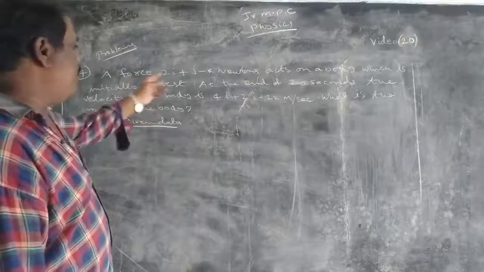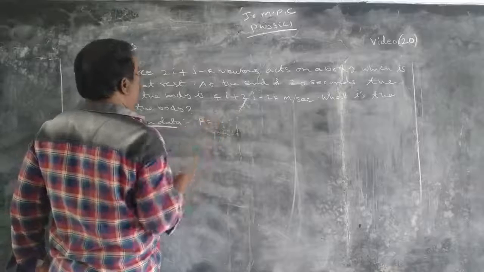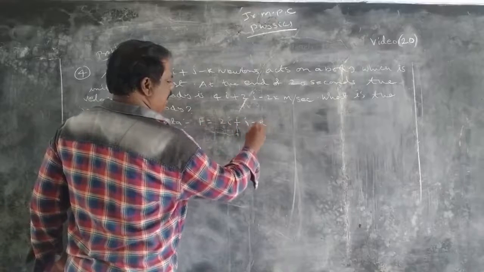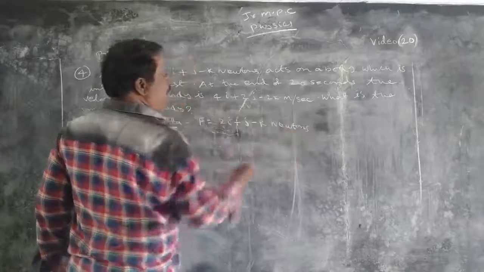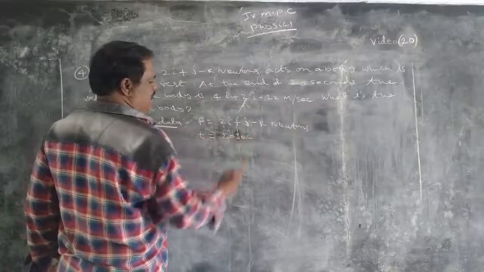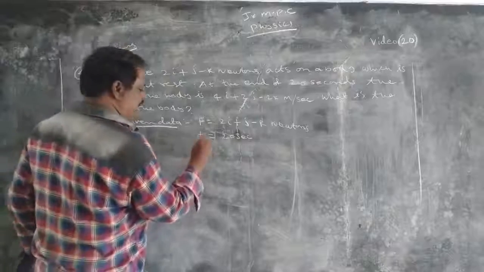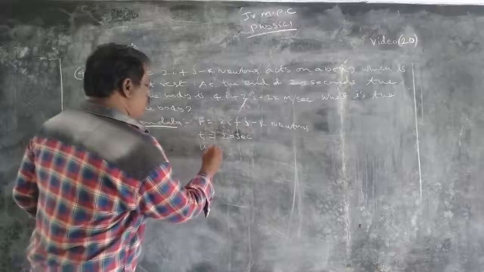So given data, first force they are given. Force should be denoted with capital F. F value is 2i plus j minus k newtons. Time t is equal to 20 seconds. Initially at rest, that means initial velocity, denoted with u, will be equal to 0.